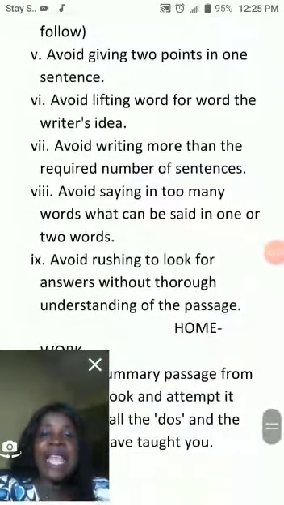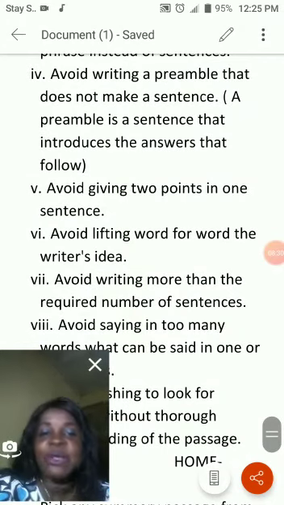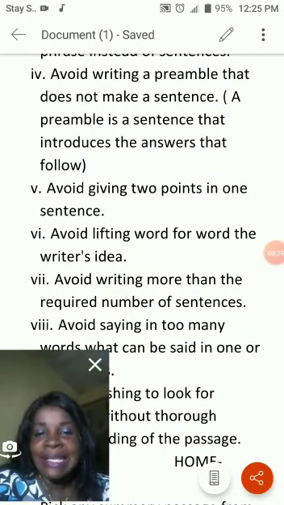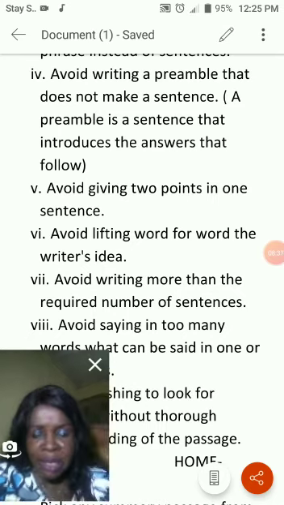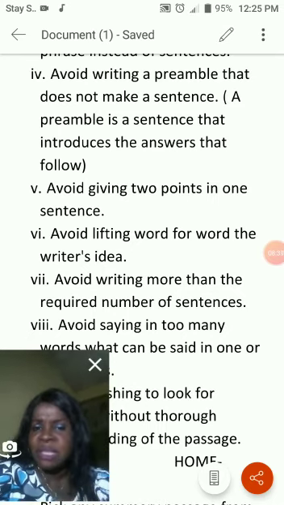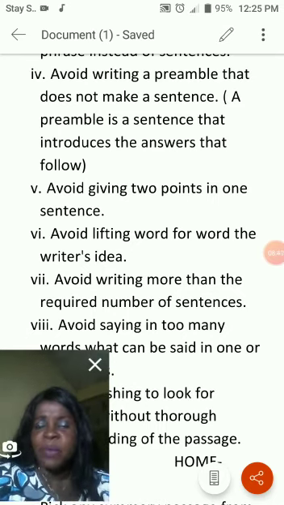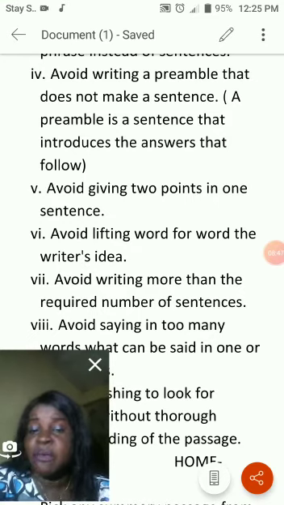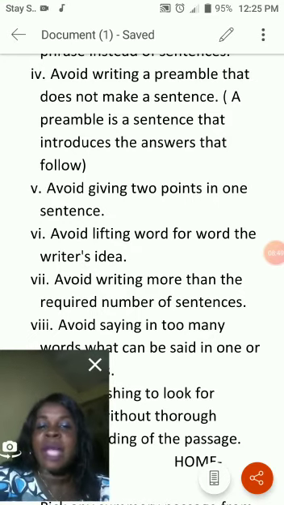Then number 5 says, avoid giving 2 points in one sentence. When they say in one sentence, that was what I said initially, using a simple sentence. You know, when you use a simple sentence, it's a verb that will be there. The moment you use and in your answer, you have given 2 points rather than 1 that you were asked to give. For instance, give reasons why most men are poor.